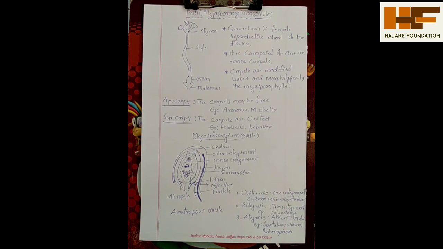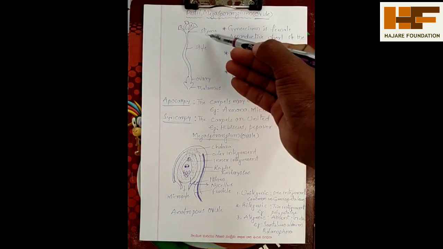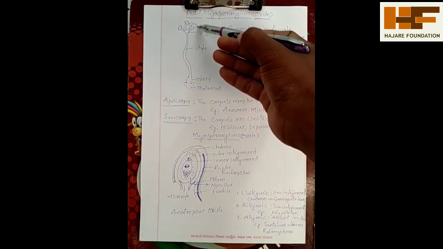Those carpels, whether they are fused or free, help as the female part, receive the pollen grains from neighboring stamens, and start the fertilization and post-fertilization changes.